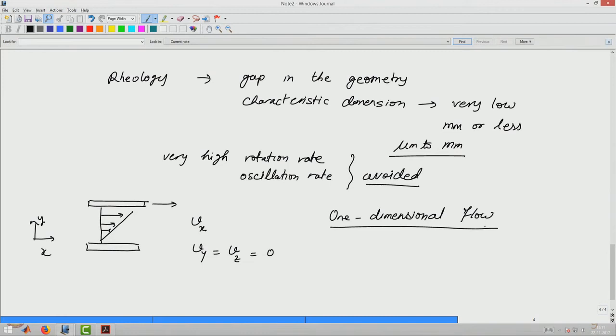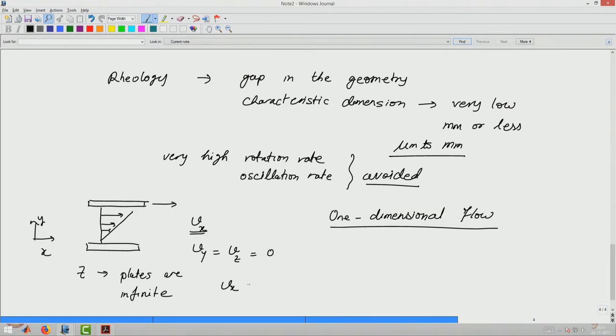Given that this is a one dimensional flow and only Vx is present, we can also say that in the z direction we consider the plates to be infinite, so there is no dependency on the z direction.